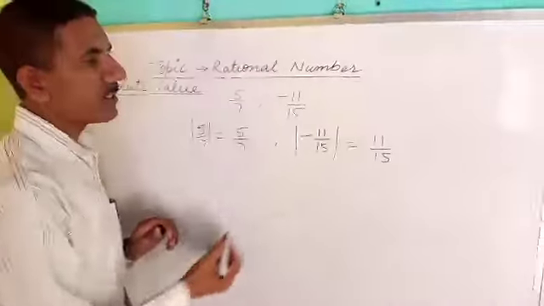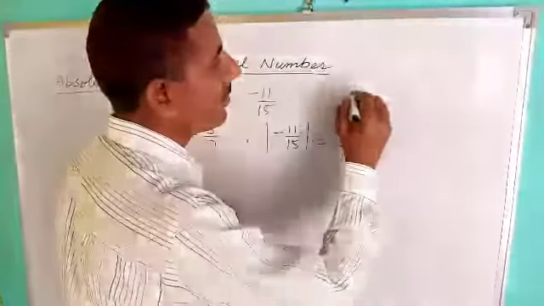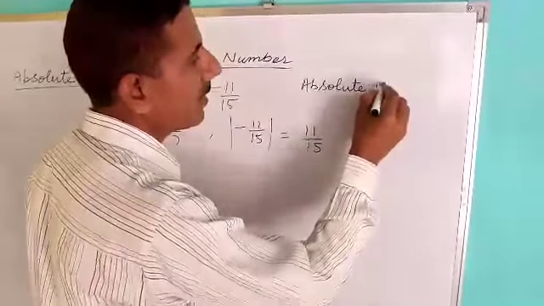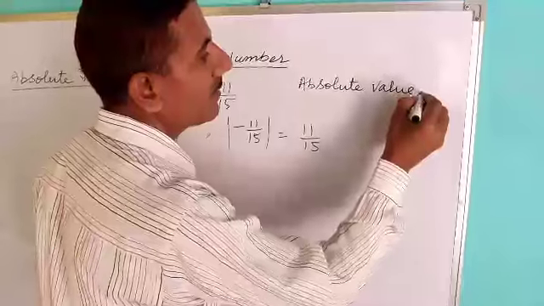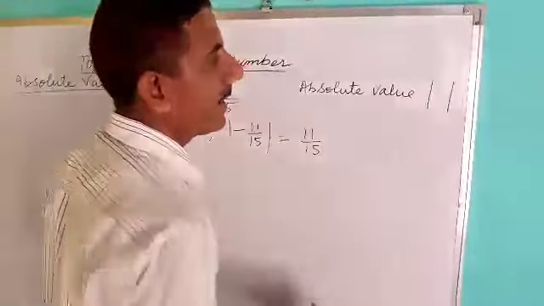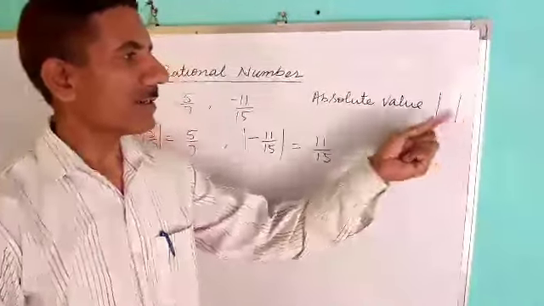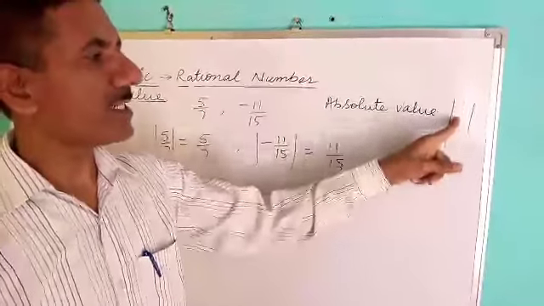So modulus, we denote absolute value in a bracket: two parallel lines, and take the rational number between this space.